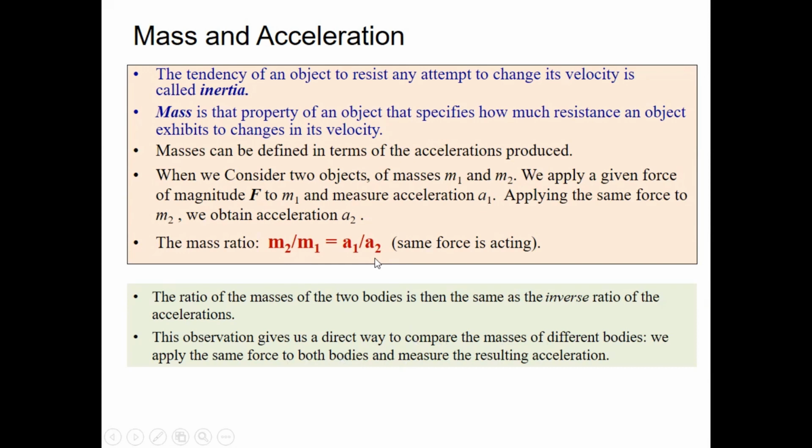In initial slides, we have already shown you that the force and the elongation of the spring are directly related to each other. So elongating a spring with the help of a force is indirectly a measure of the force. And then we can use the ideas of masses and accelerations to find out the ratios.